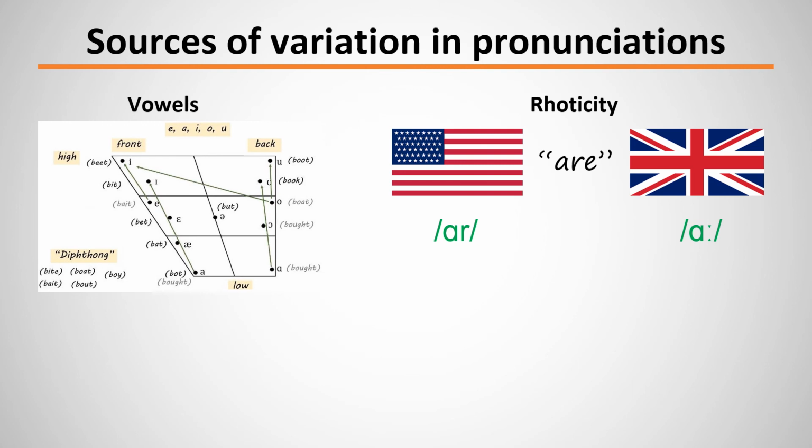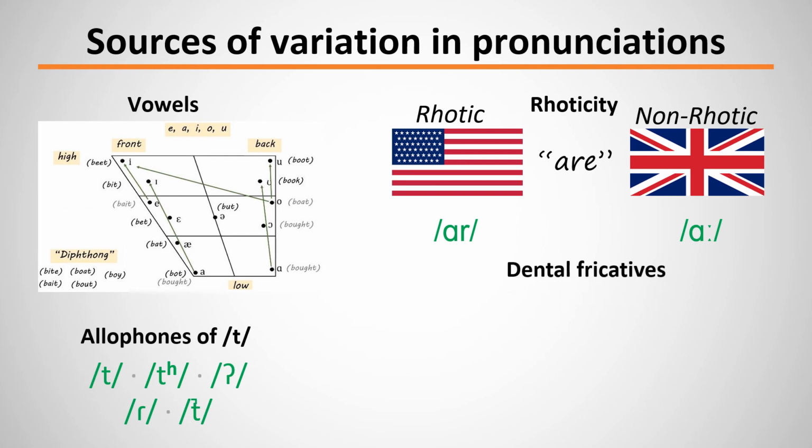So rhoticity is basically this quality that some dialects pronounce the R's as R's and some others don't. A dialect that pronounces all the R's is called rhotic, and the ones that skip some of the R's are called non-rhotic dialects.